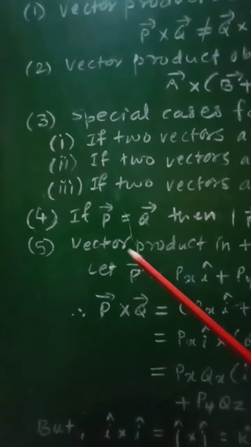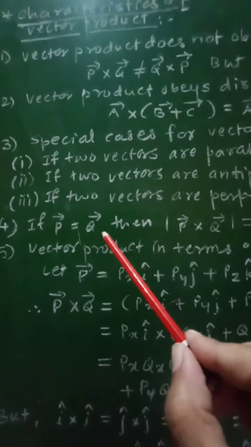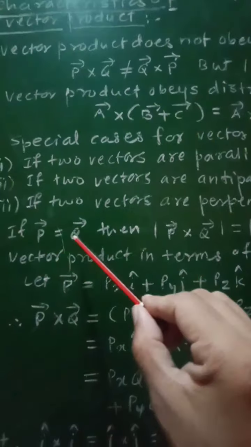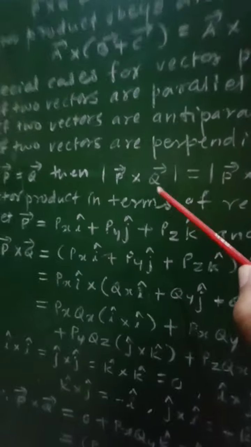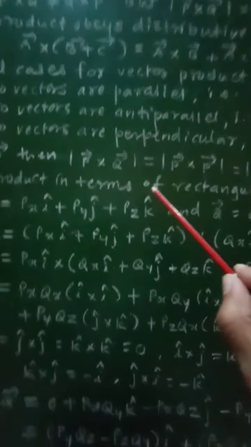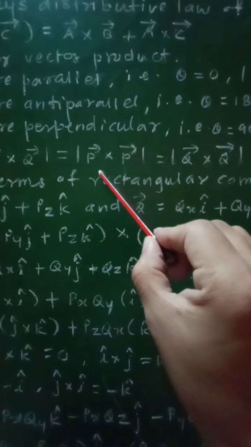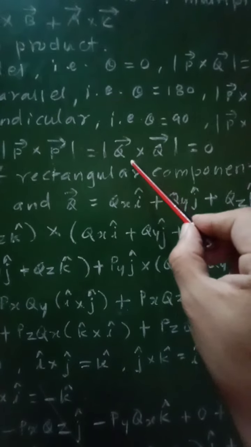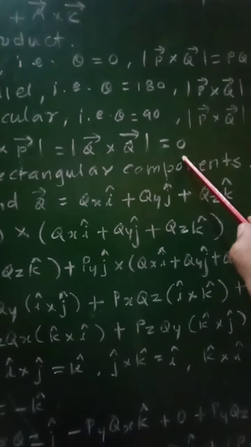Then let us consider the next property, that is characteristic number 4. If two vectors p and q are equal vectors, that is, if vector p is equal to vector q, then the magnitude of the vector product p cross q will be equal to the magnitude of p cross p, that will be equal to the magnitude of q cross q, and that will be equal to 0.